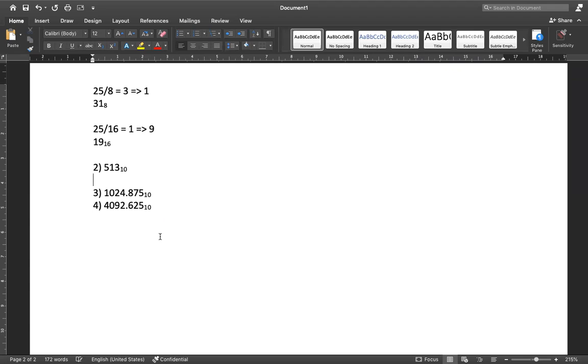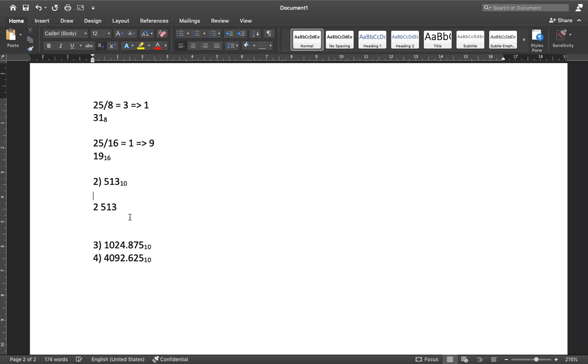513, I'm going to divide this 513. Sometimes in the book you can do it this way, right? Divide 513 by 2 and write the remainder. This is 256 and remainder 1. Let's put a dash and write the remainder.